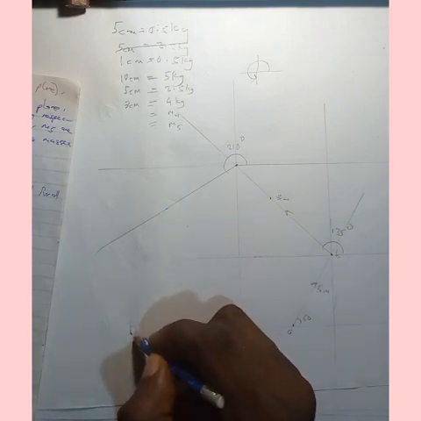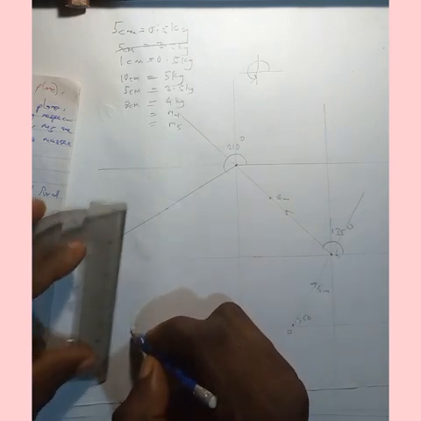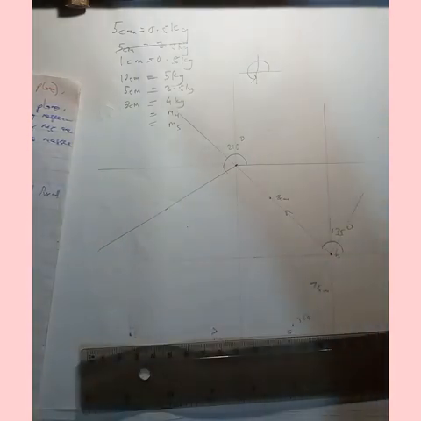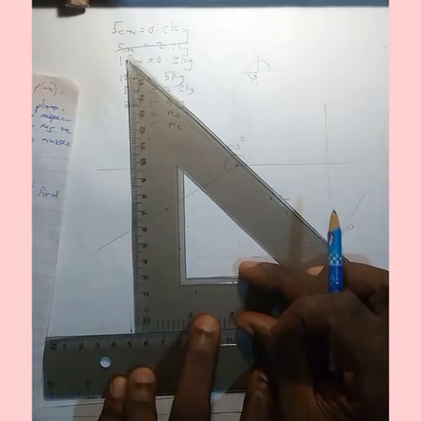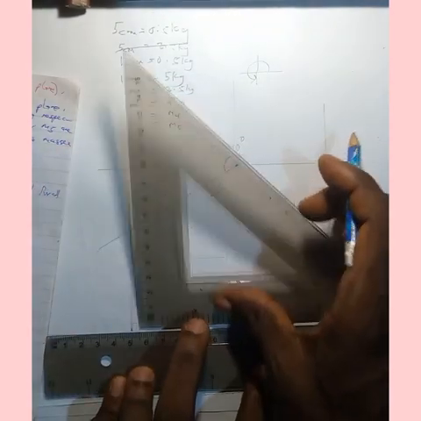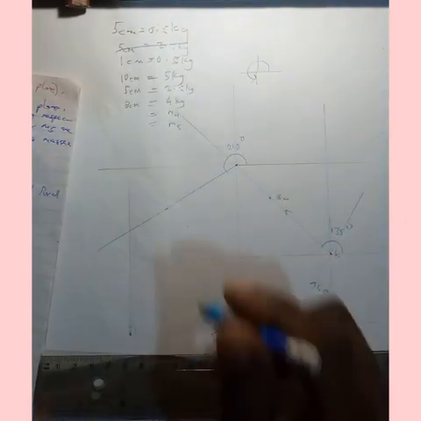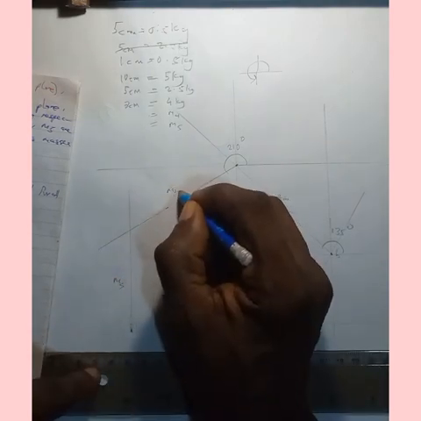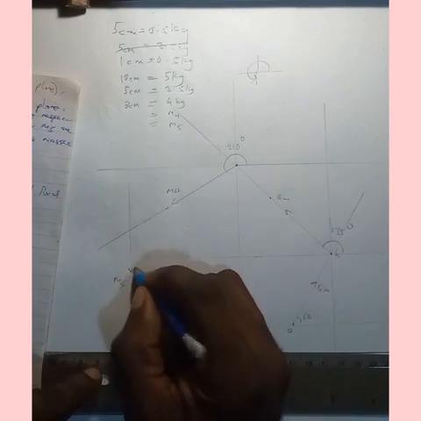So anywhere from here, we can project a vertical line here, a line that is perpendicular to this. So the line perpendicular to this is going to be this. Okay, so automatically this is going to be our M5. This is our M4. So this is the direction, and this is the direction.